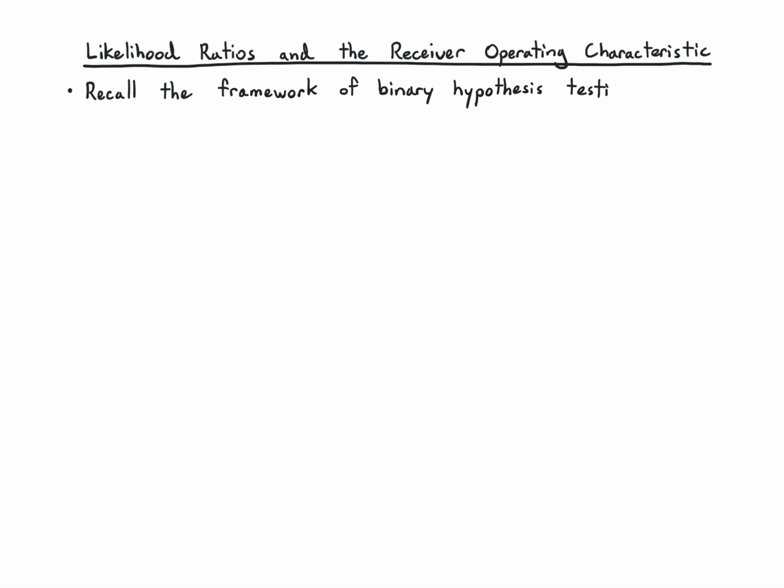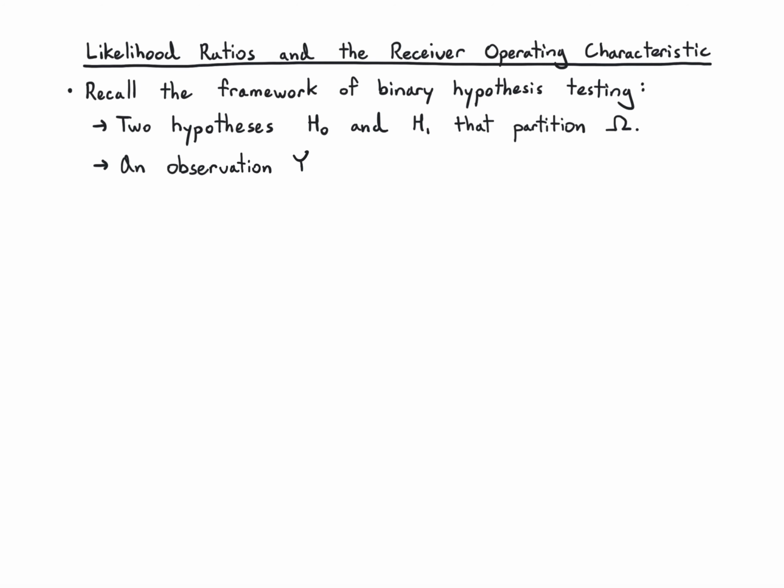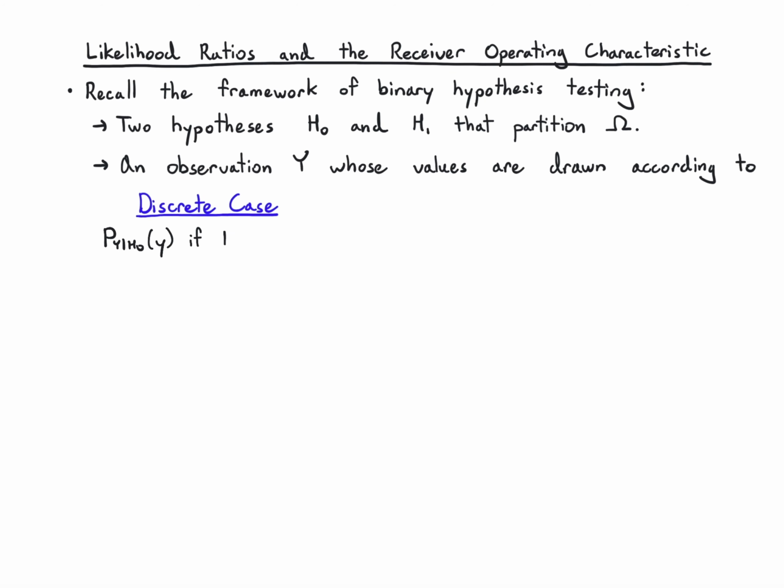Remember from the last video, we introduced this framework of binary hypothesis testing. What does that mean? It means that there are two hypotheses, H0 and H1, and they partition the underlying sample space. And you get an observation Y whose values are going to be drawn according to some conditional distribution. In the discrete case, you're going to have a conditional PMF. It'll either be P of Y given H0 if H0 occurs, or P of Y given H1 if H1 occurs.